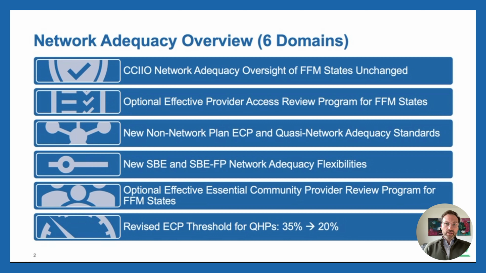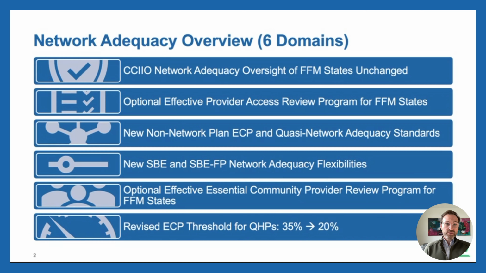The second domain that I want to talk about is a new optional provider access review program for federally facilitated marketplace states, for federal exchange states. So states in the federal marketplace will now have the ability to meet a program and opt in to conducting network adequacy review in place of CCIIO.